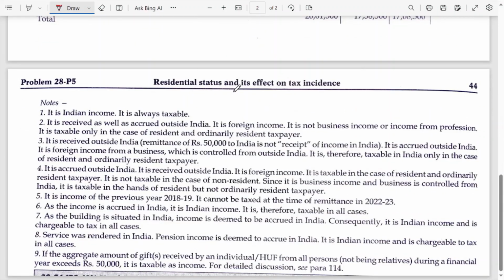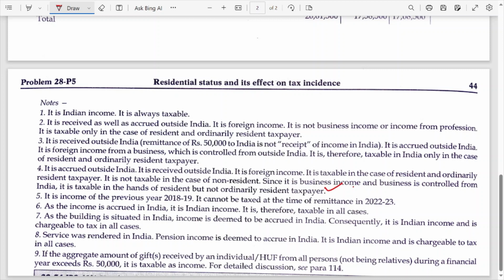So what is written in note 4? It is accrued outside India and it is received outside India. Look here, both things are happening outside India. It is a foreign income, no doubt in it. It is taxable in the case of resident and ordinarily resident taxpayer. It is not taxable in the case of non-resident. Since it is a business income and the business is controlled from India, it is taxable in the hands of resident but not ordinarily resident taxpayer.